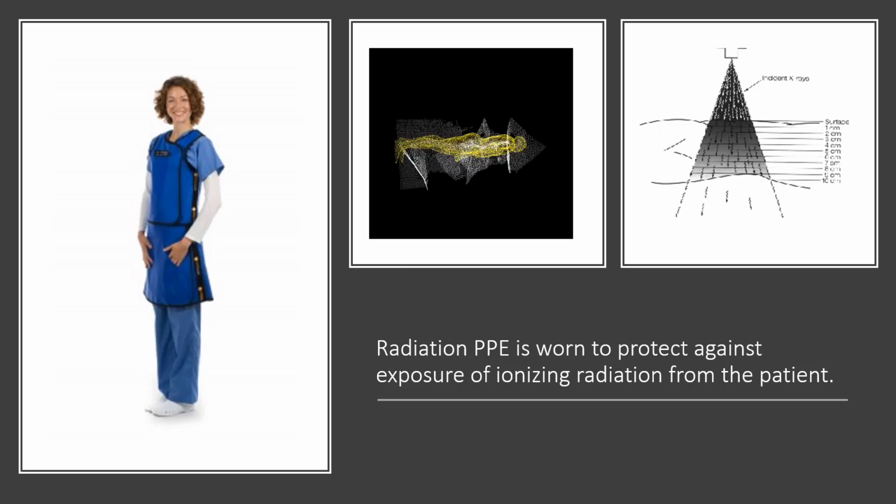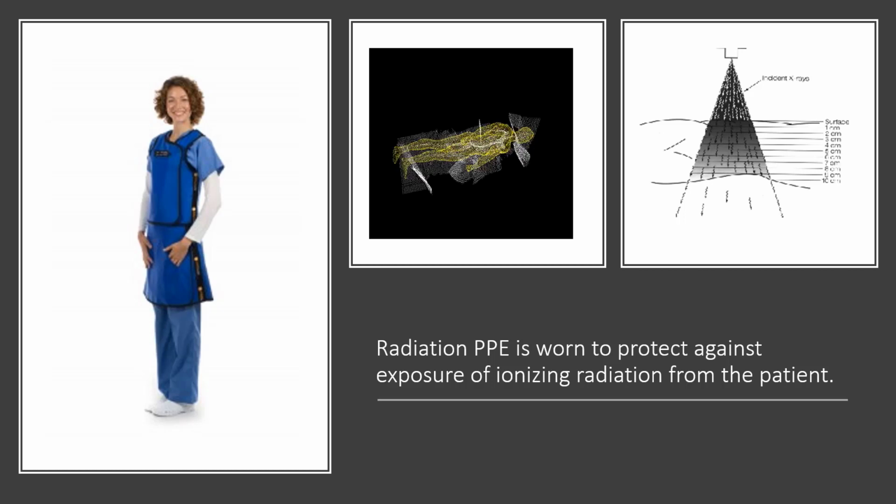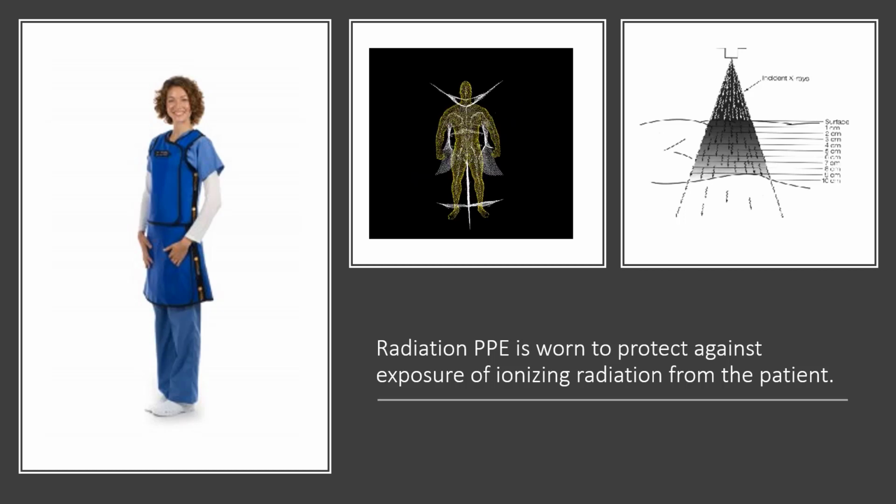If the radiation emitted from the patient is 1/1000th the amount of radiation that is in the primary beam at 1 meter distance from the patient, and we are wearing a lead protective apron that absorbs or blocks 99% of the dose, how much radiation are we actually receiving during the exposure?